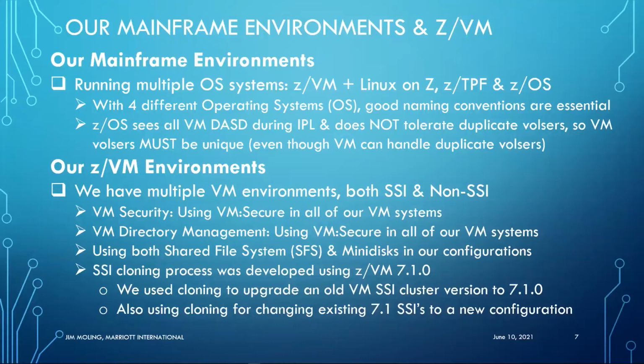And as I've already alluded to, I've already used cloning to upgrade an old VM SSI cluster to 7.1, and I'm also going to use it to change an existing 7.1's configuration to be in line with the clone configuration, which I'll be getting to next, I think.